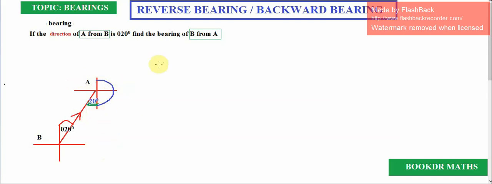So the bearing of B from A in this scenario will be the 20 degrees plus 180 degrees. Let me remind degree sign.